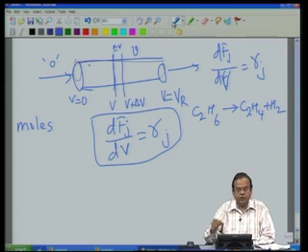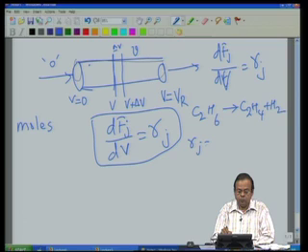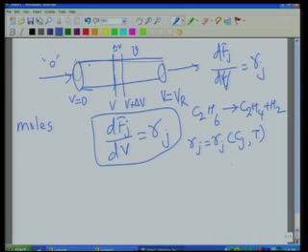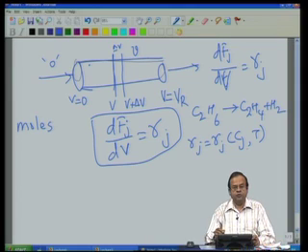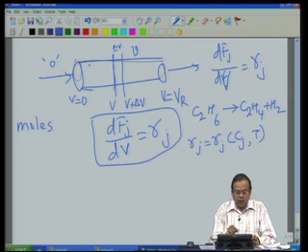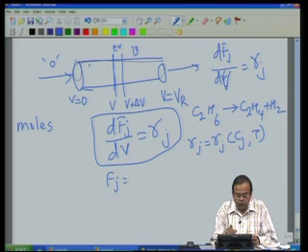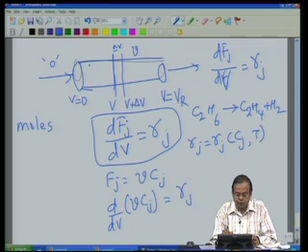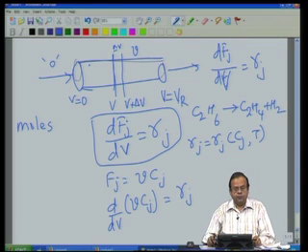We work with concentrations, that is, leave Rj as a function of Cj and T, and instead express Fj as volumetric flow rate times Cj, and then write this equation as now.